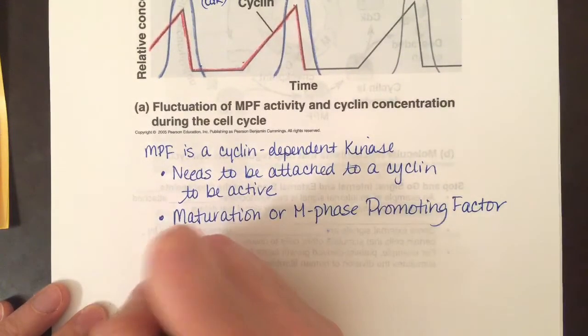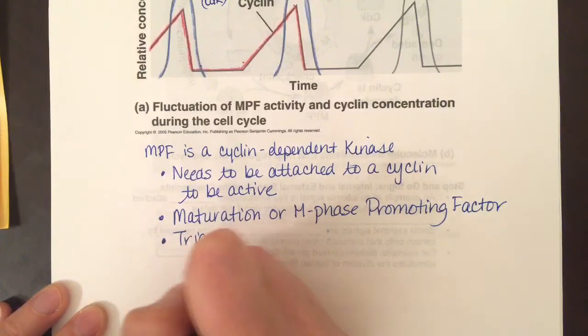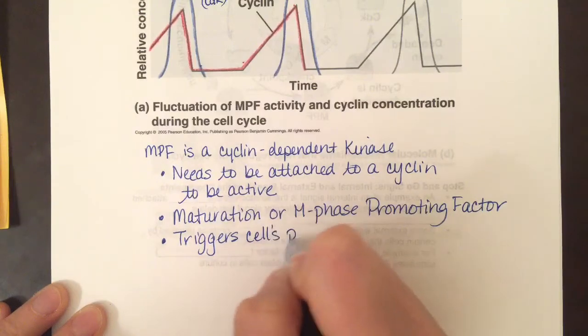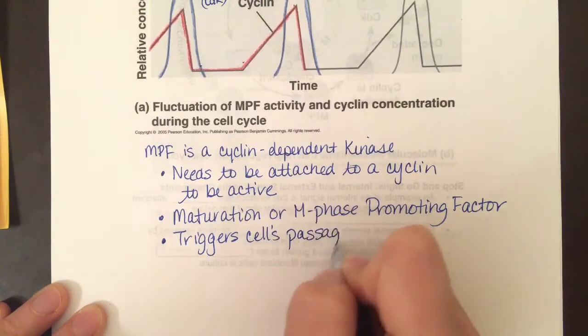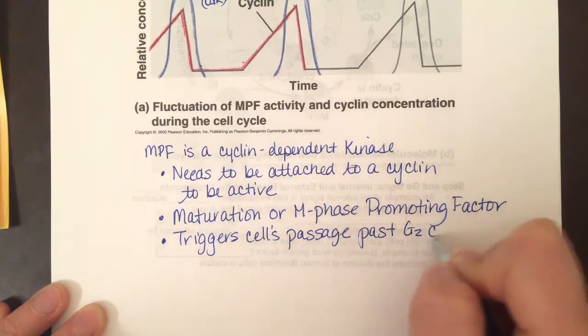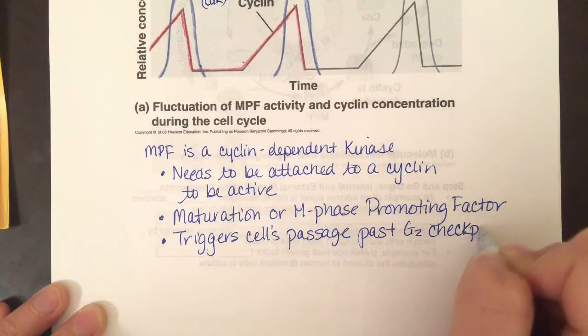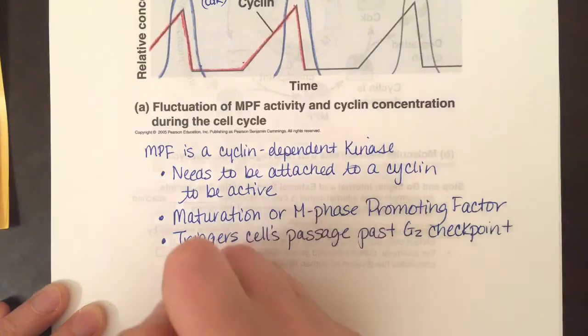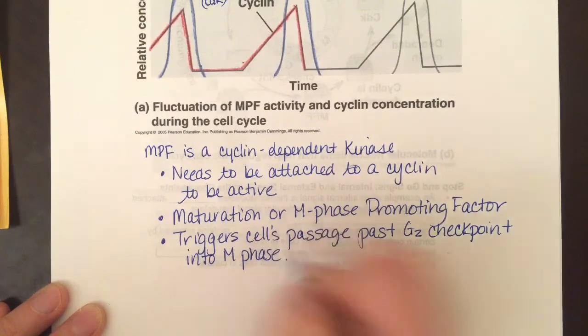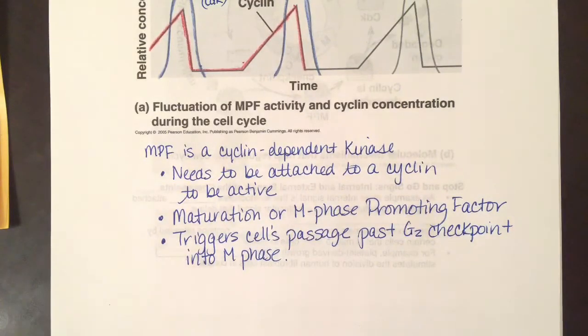What it does, so let's write that, why they call it that: it triggers the cell's passage past the G2 checkpoint into the M phase. And that's why they call it MPF.